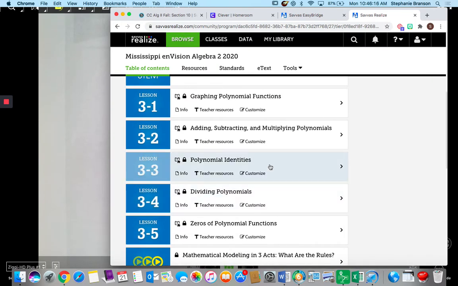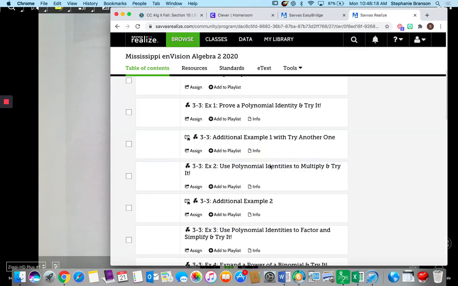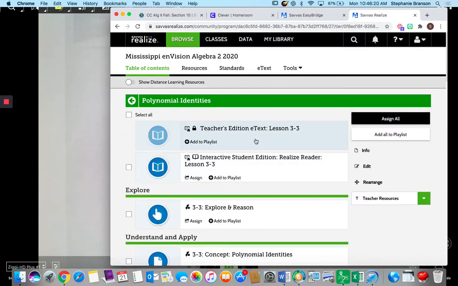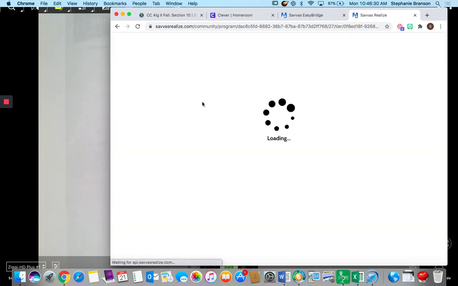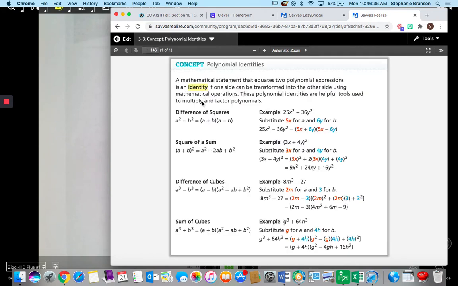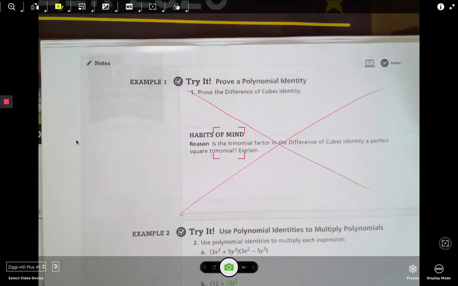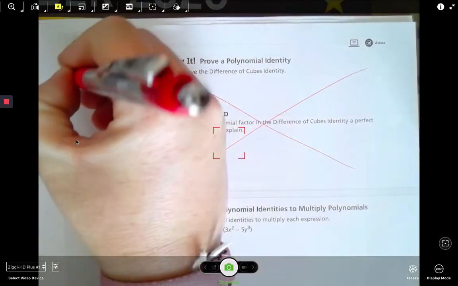And just so you see where I'm getting these from, I was going to pull this up to show you. So if you were at home doing this, you would see all of these formulas. They got difference of squares, square of sums, difference of cubes, and sum of cubes. So I'm going to start by writing these in the margin of example 1.